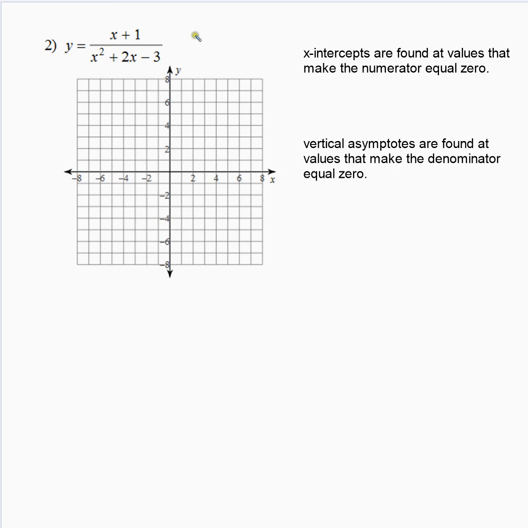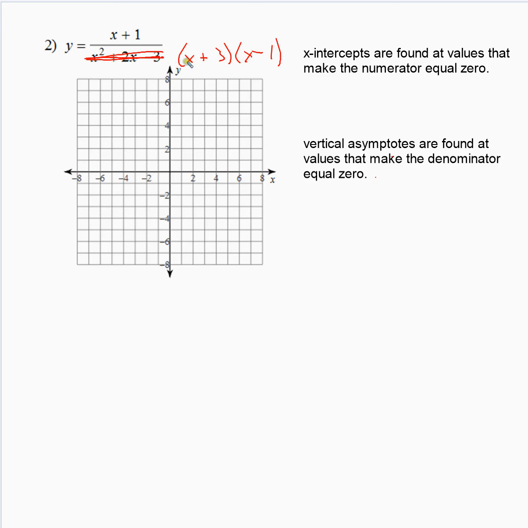So we're going to find the x-intercepts, find the vertical asymptotes, and then find some things in between the asymptotes to help us figure out what happens with the graph. First thing we're going to do here, which we do with a lot of problems, is factor this, and this factors to be x plus 3 and x minus 1.